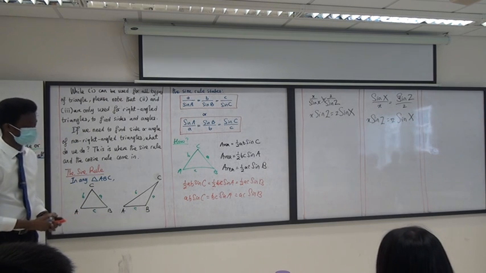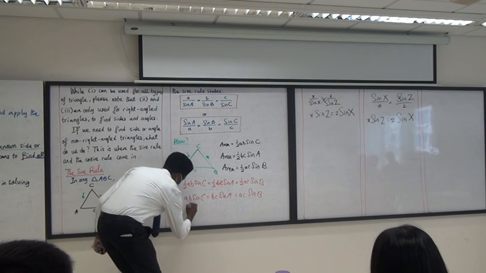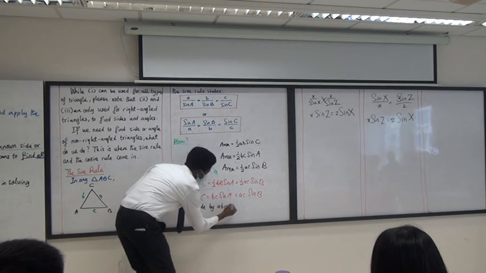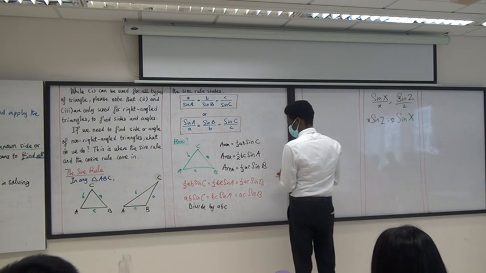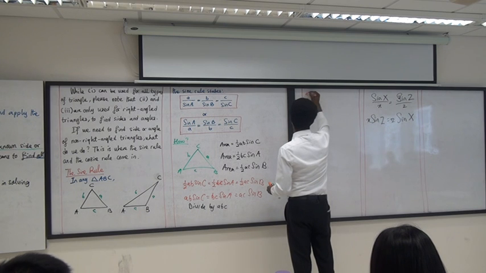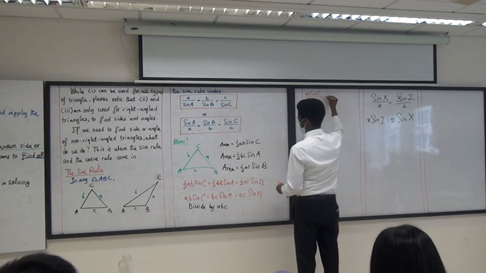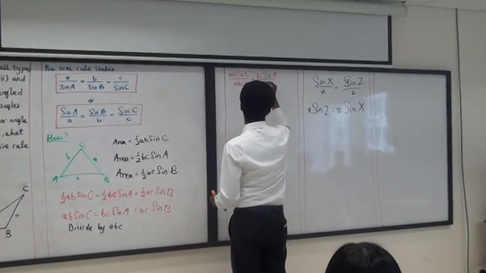Okay, I'm going to divide all through by ABC. Let's see what happens. If I divide by ABC, initially I have here AB sine C, I divide by ABC. BC sine A, I divide by ABC.